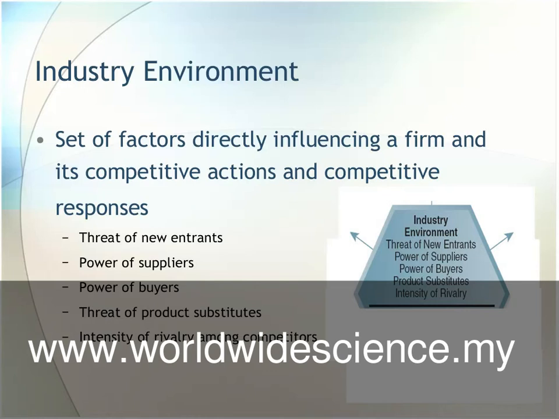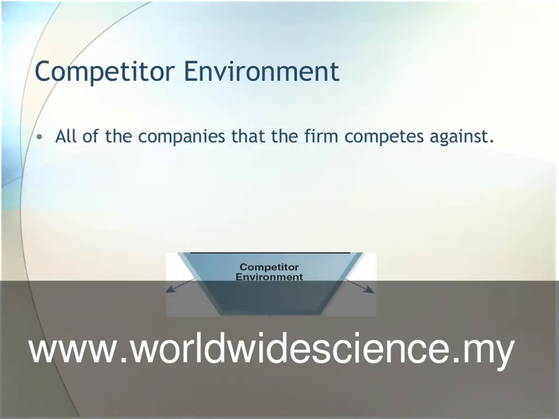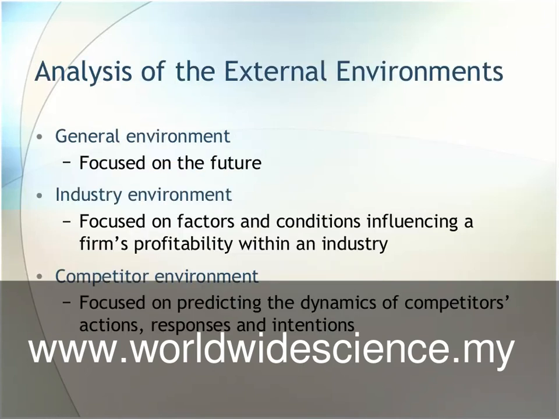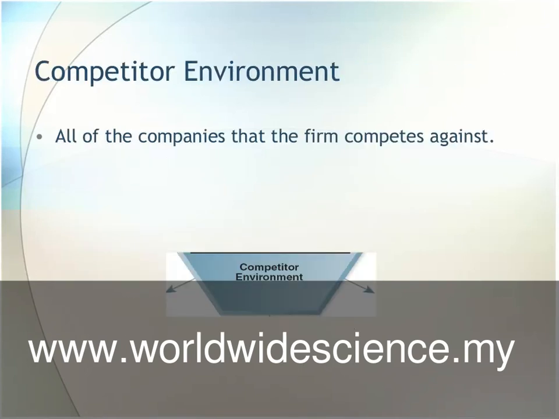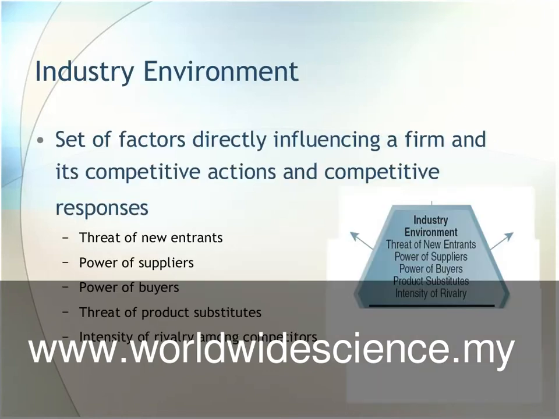And then intensity of rivalry, what we mean, as I mentioned, is the toughness of the competition, what type of industry you are in, basically, influences competition. And then we talked about the competitor environment, like those political, global, and technological aspects.